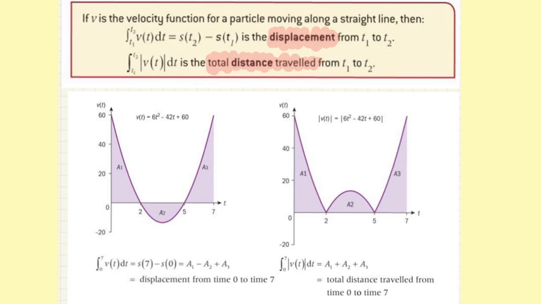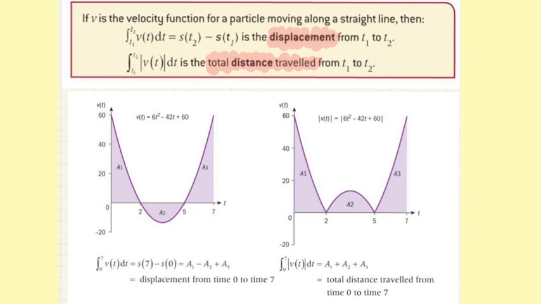A1 and A3 are positive and A2 is negative. If we add them up, we will get the displacement. A2 is negative because the velocity is negative. In other words, the particle is moving in the opposite direction.